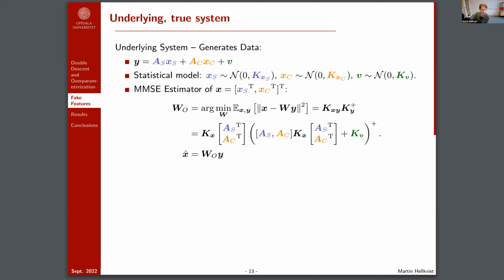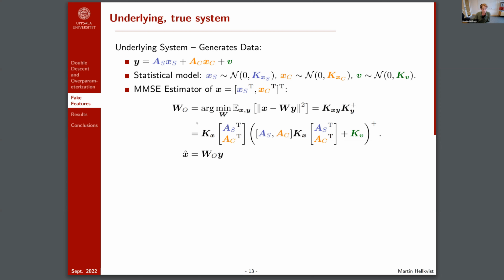As I said, we have our underlying system, which we consider to be a statistical system model, where the unknowns and noise are modeled as Gaussian random variables. With the mean squared error in terms of these XS and XC components, the MMSE estimator is given by the cross covariance between X and Y multiplied with the pseudo inverse of the covariance for Y, which, if opened up with this linear system model, turns out to be this expression.